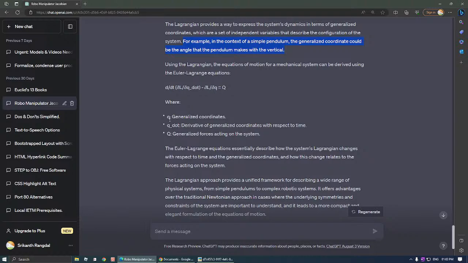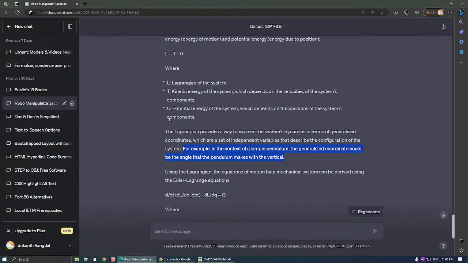So what's L? Yes, L is the Lagrangian that we studied earlier, right? So both the potential and kinetic energies need to be expressed in terms of theta, which is the generalized coordinate for the simple pendulum. And then we have to differentiate with respect to q and q dot.